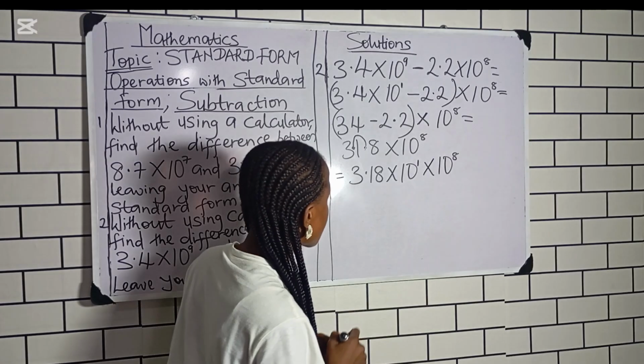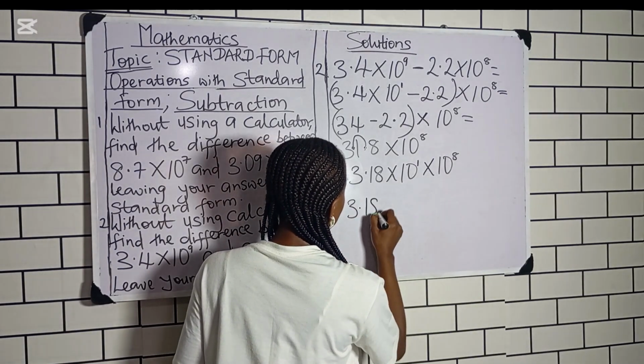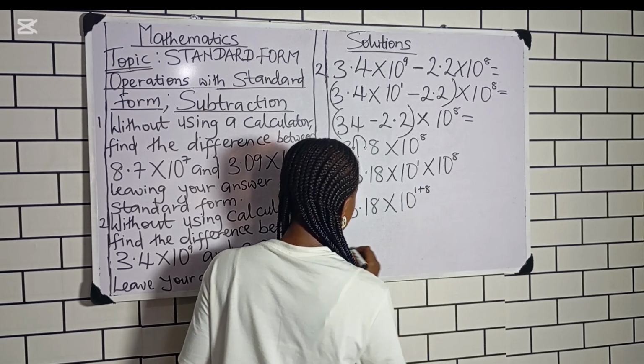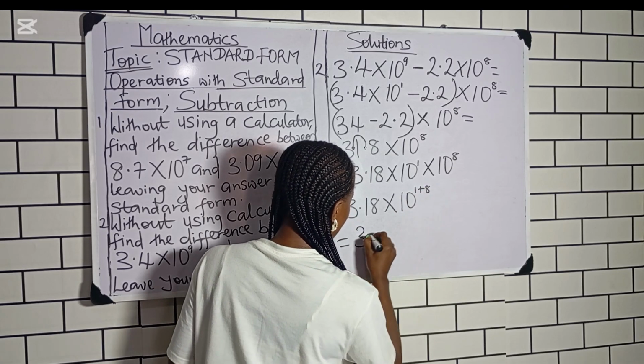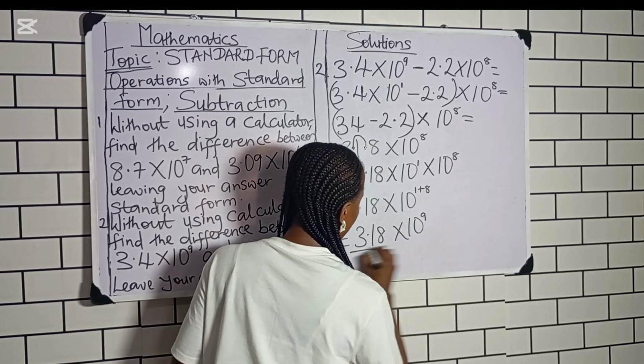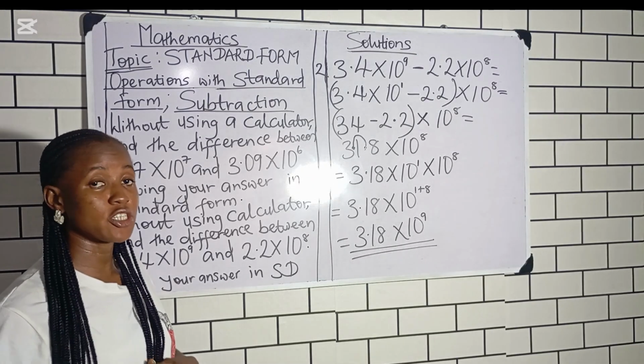Now we are going to add the powers of 10. This is equals to 3.18 times 10 raised to power 1 plus 8, will give us 3.18 times 10 raised to power 9. This is our final answer for question number 2 under subtraction.